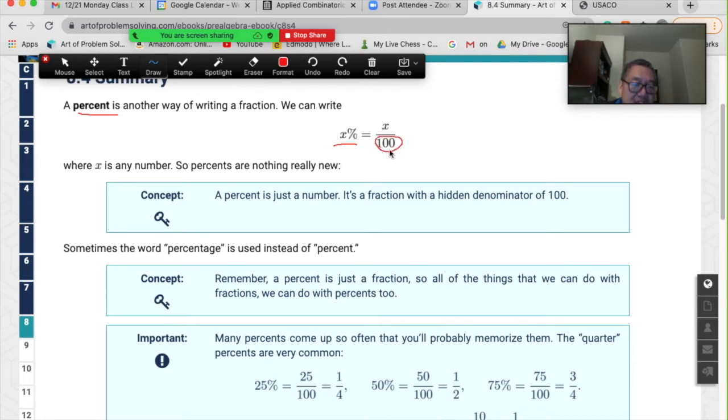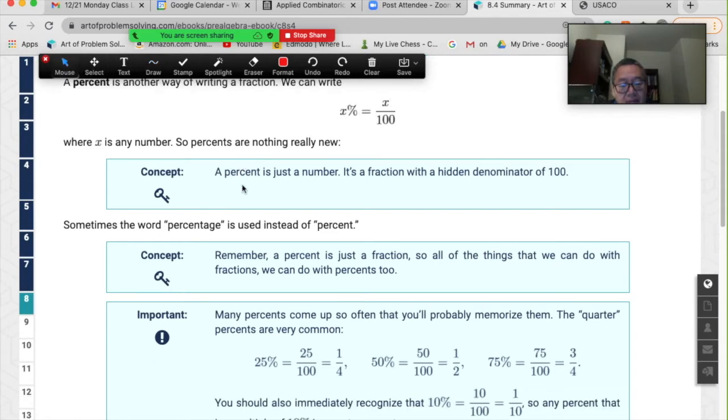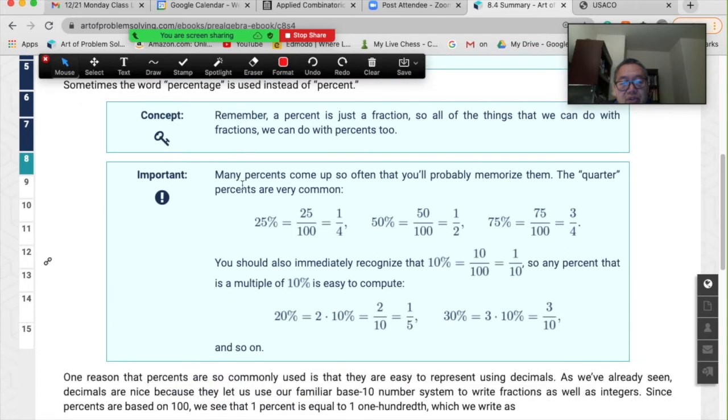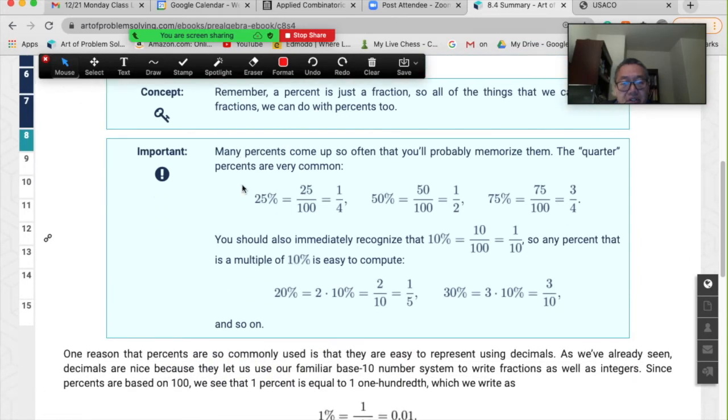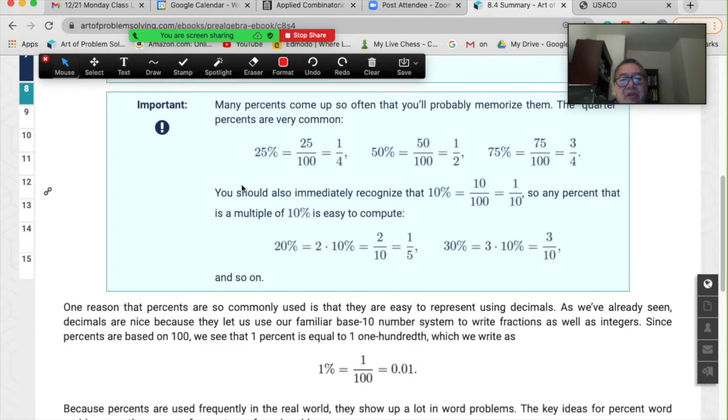So percent is nothing else, just a fraction with the denominator equal to 100. Then we learned to convert a fraction and decimal to a percentage. We also learned to convert percent to fraction and decimal.